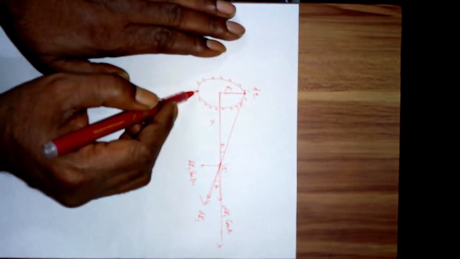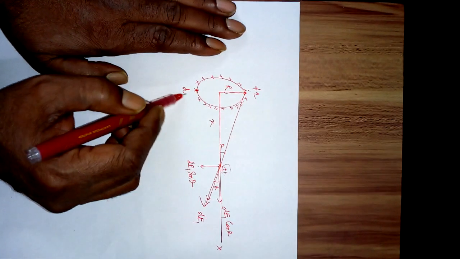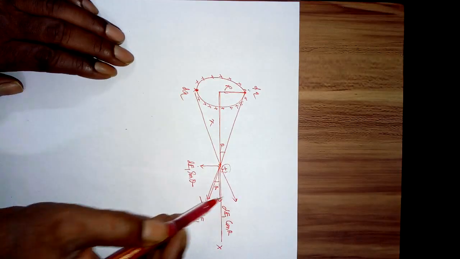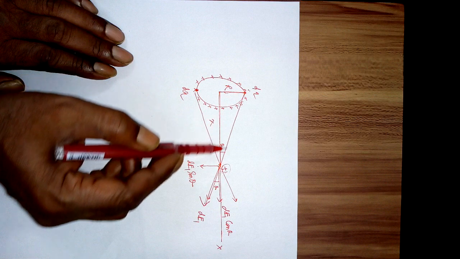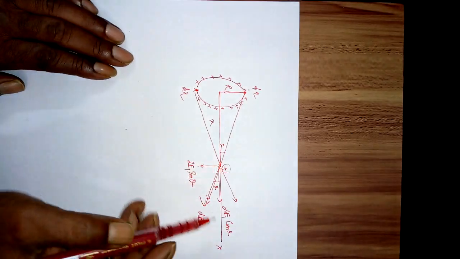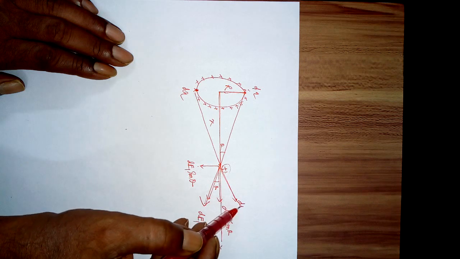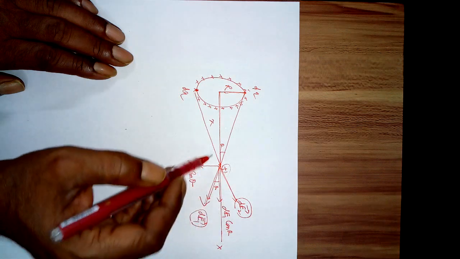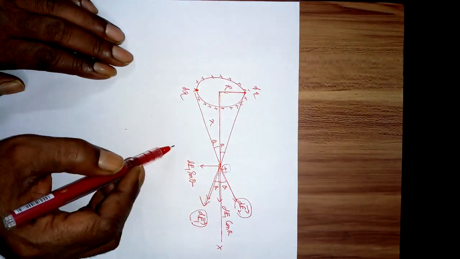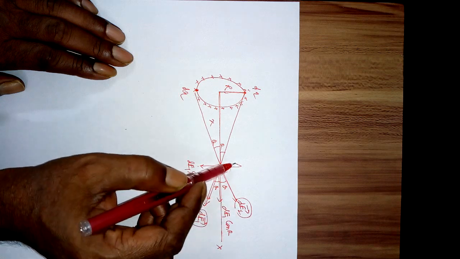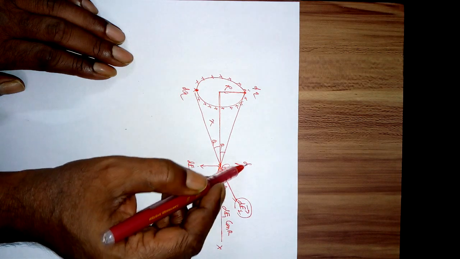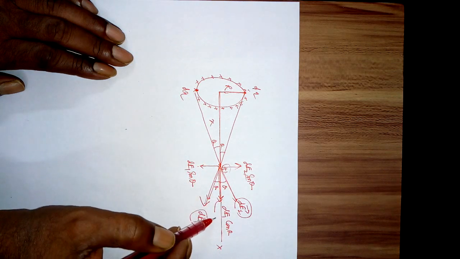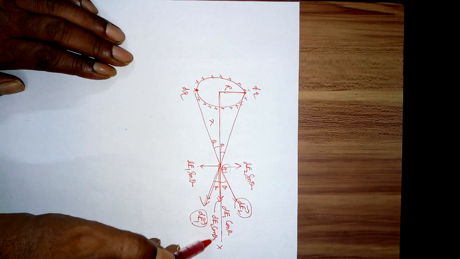Exactly opposite, if you consider the same amount of charge dq here, this dq will push the test charge to this side. Now this distance is the same as this, so this dE2 will be the same in magnitude as dE1. This will also be theta. So this dE2 will have one component like this, that is dE2 sin theta, and another component, dE2 cos theta.